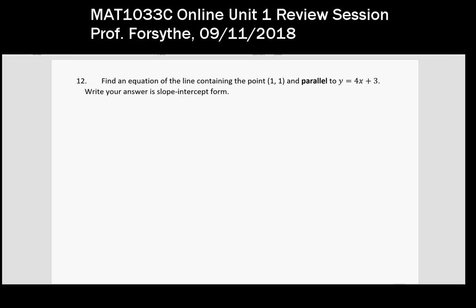Okay, find an equation of the line containing the point 1, 1 and parallel to y equals 4x plus 3. If you have parallel lines, that means the lines have the same slope. The slopes are equal. So the slope of the line that we need would also be 4.